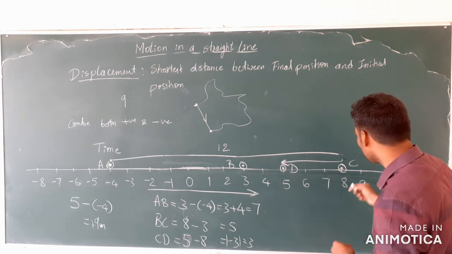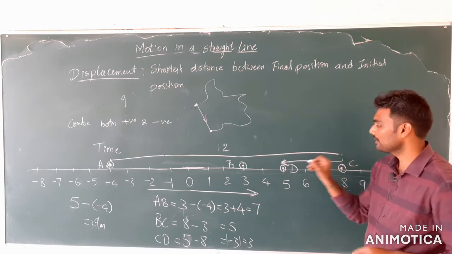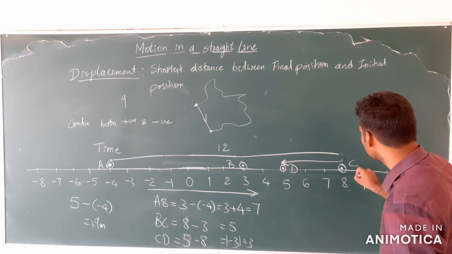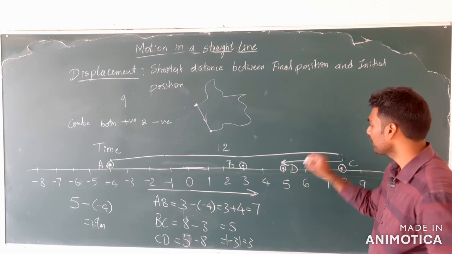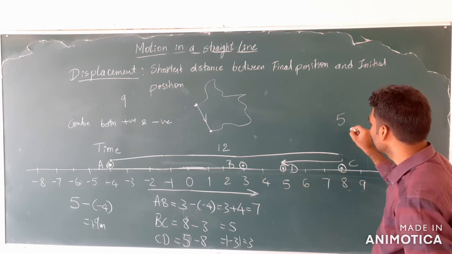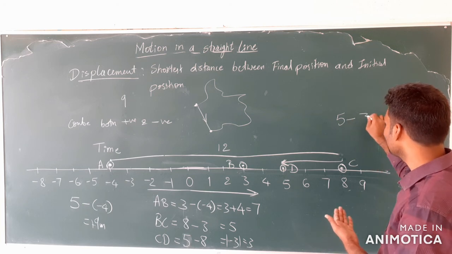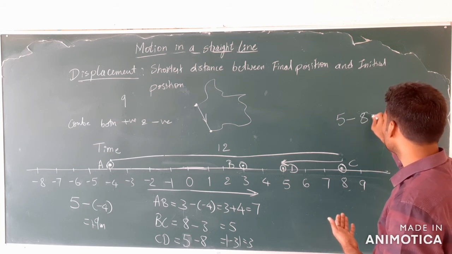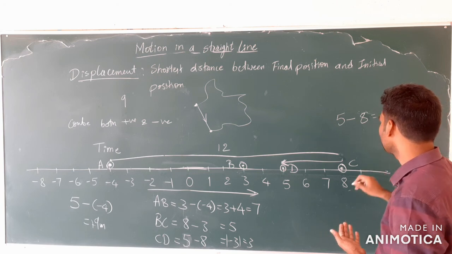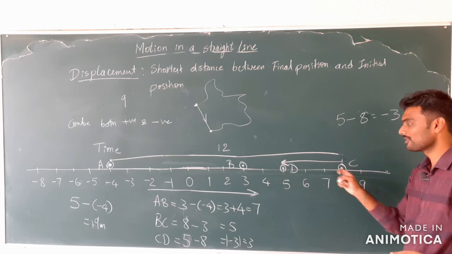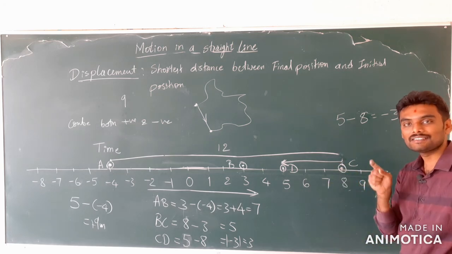So, for this example, when the body starts its motion at C and ends at D, the initial position is 8, final position is 5, and hence the formula gives us final position minus initial position is equal to minus 3. See, displacement now for this motion from C to D is minus 3 meter.